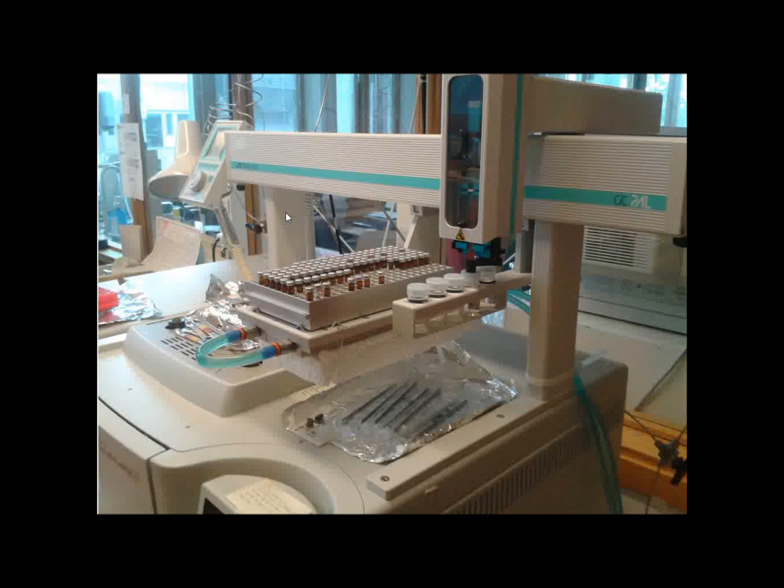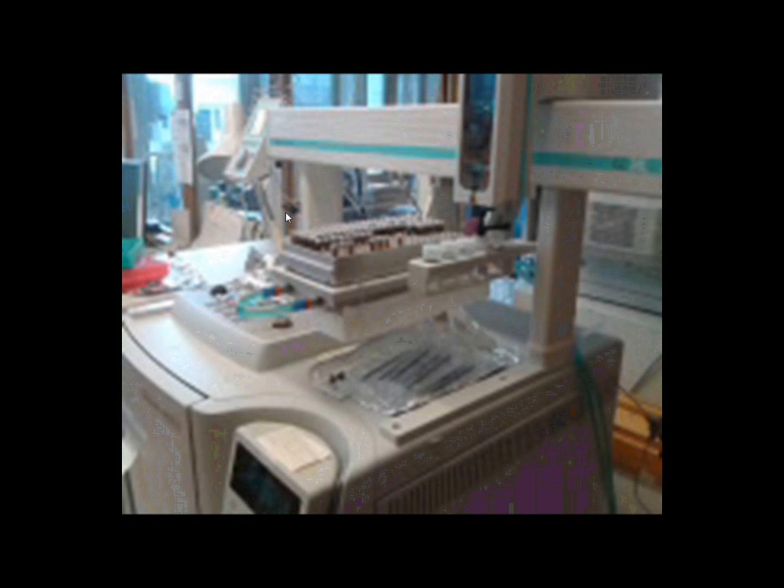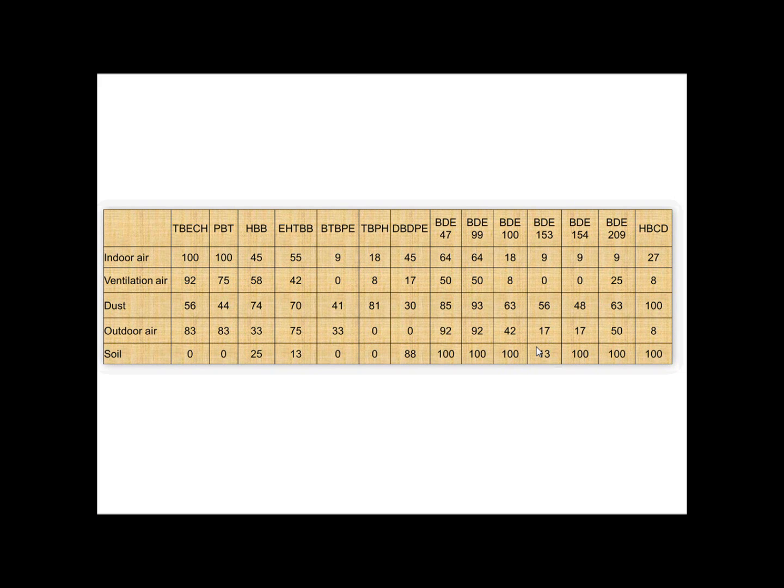All compounds were analyzed by gas chromatography, negative ion chemical ionization mass spectrometry, except HBCD, which were analyzed by liquid chromatography, tandem mass spectrometry, in order to separate the various isomers.